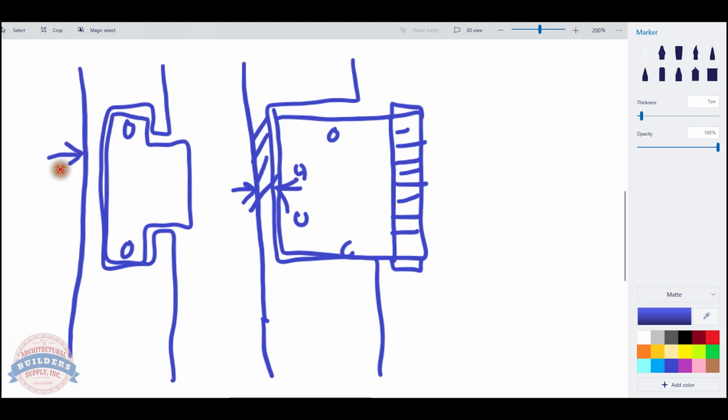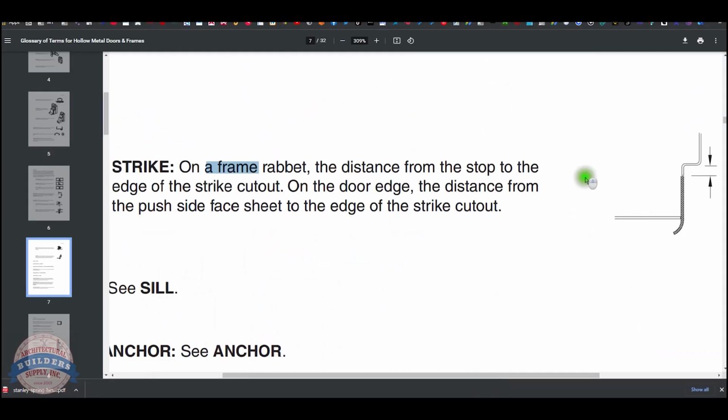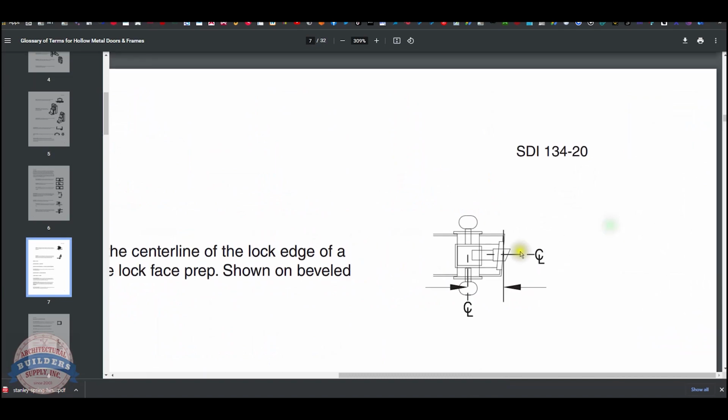That's the strike backset. I rarely bump into that, and it's because for us, what happens is the center line of the latch bolt, wherever that is, needs to correspond with the center line of the strike. And whatever the resultant backset is what it is.